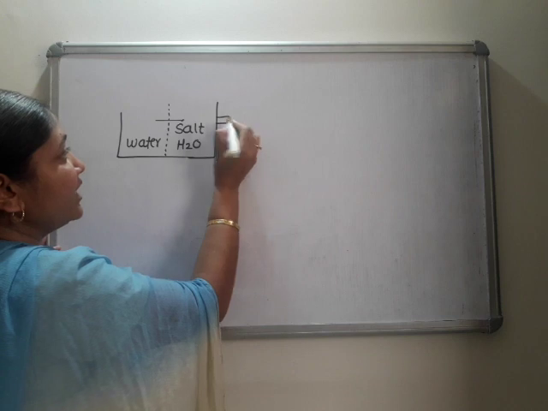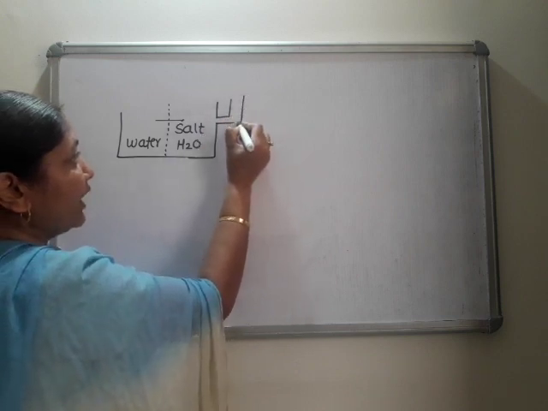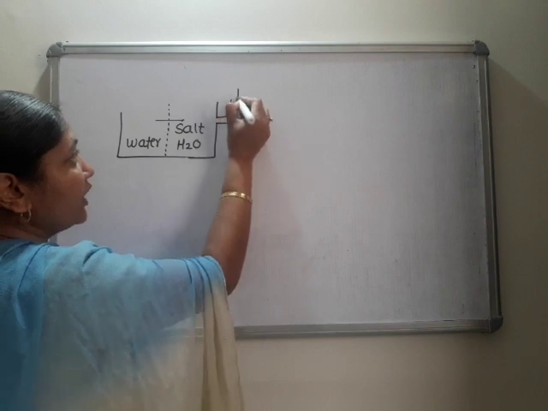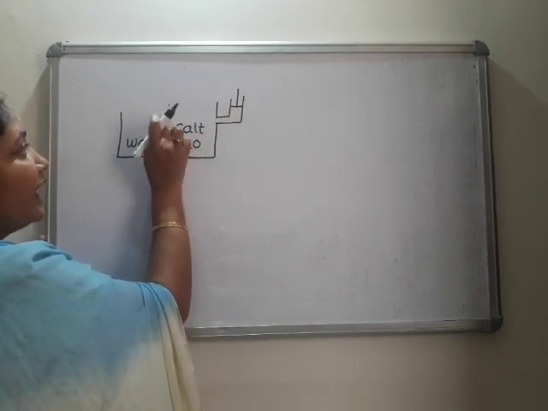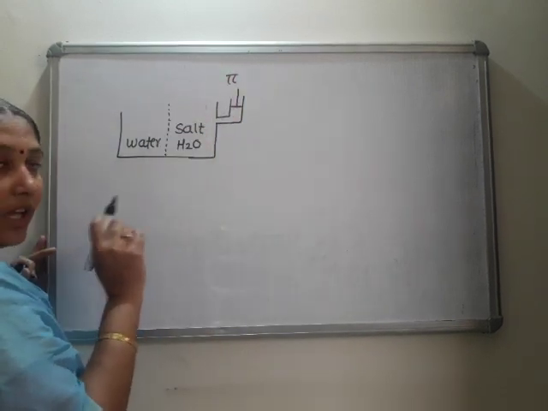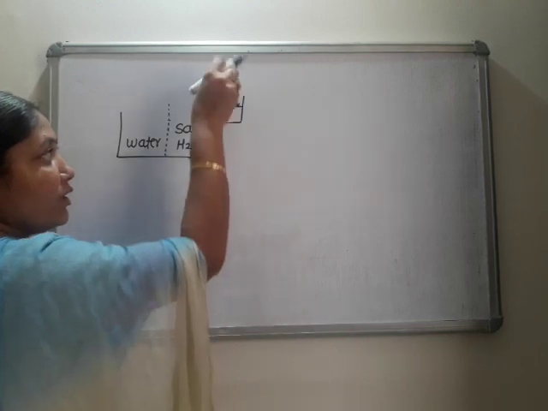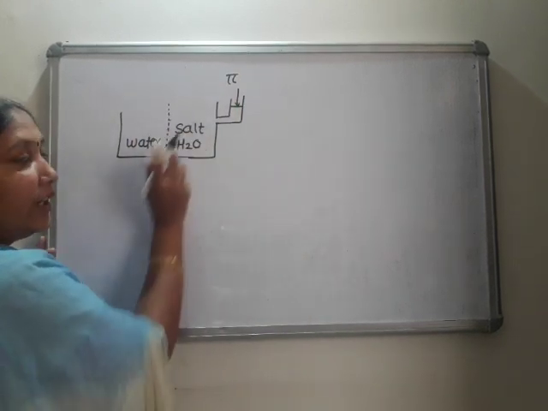To prevent entry of water into this, we apply some pressure on it, and that pressure applied is called osmotic pressure, right? Here some pressure is exerted so that this water cannot enter into this.